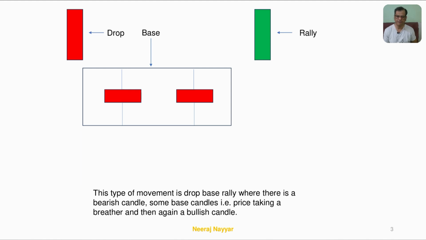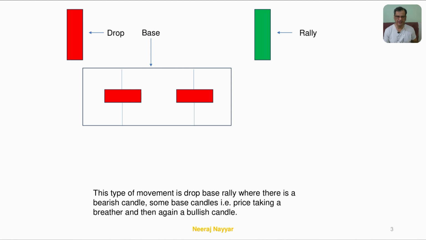Let's go to the next type of price movement, where you have the price dropping down, consolidating, and then rallying again. So this is called a drop base rally pattern, and drop basically means the close of the candle is lower than the open, so there is a price drop. Then price takes a breather here, and it can either go up or down, but it goes up.